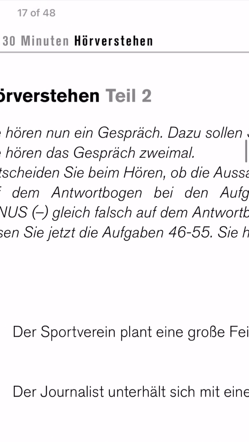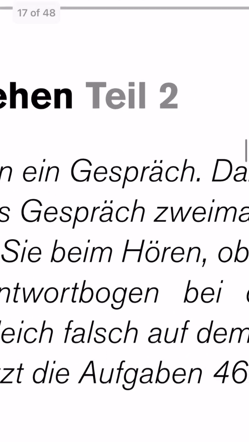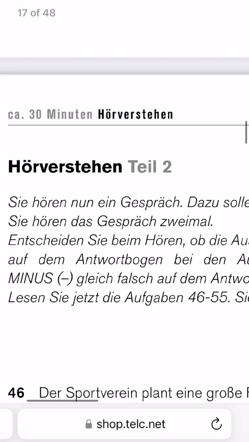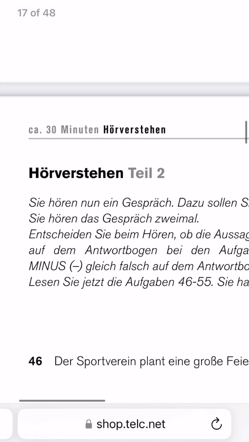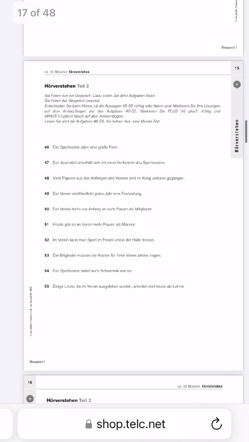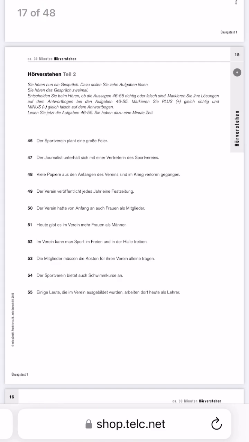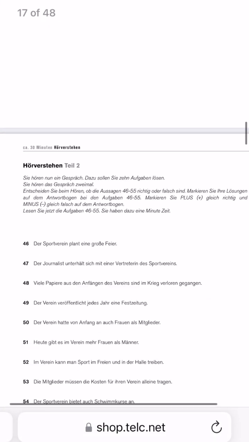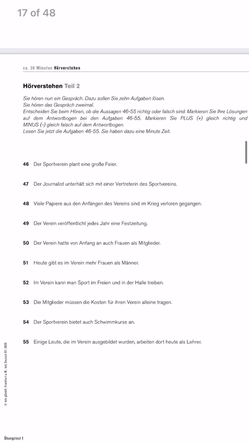Then we have the second tile, and this will be a conversation, and you will hear this conversation 2 times. For this also you don't need to read the description. When they are saying the description, you can utilize that time for marking the good keywords, and you take care that you have almost 10 questions here.